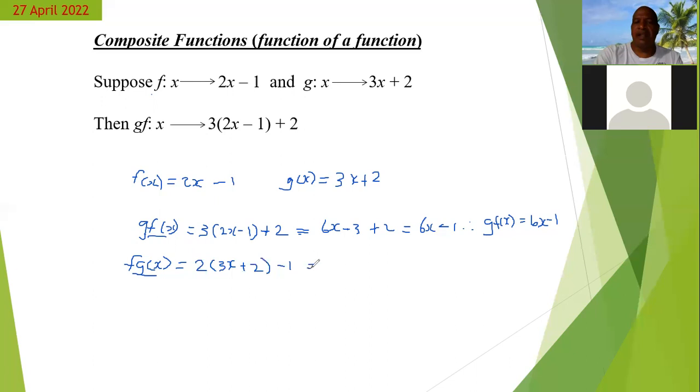And then we simplify that, removing the bracket, we get 6x plus 4 minus 1. And that will give you what? 6x plus 3.